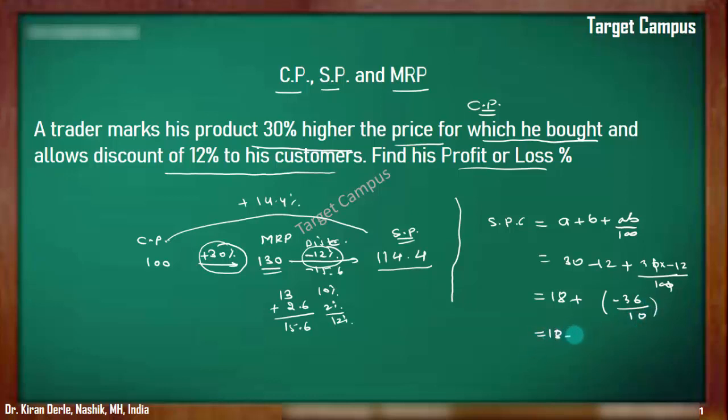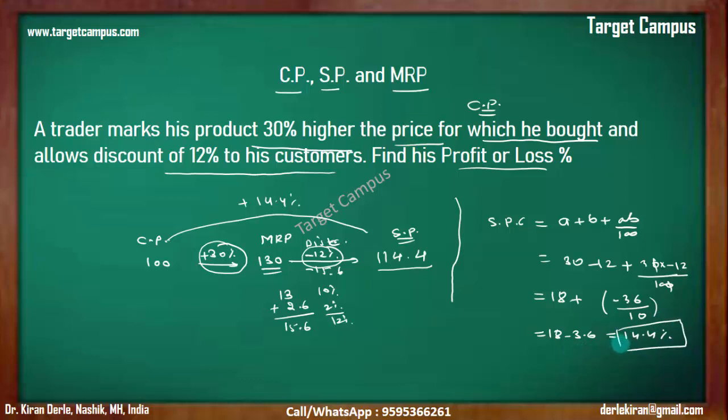So 18 minus 3.6 is equal to 14.4%. So the net profit would be 14.4%. I hope you are getting this point. So try to understand the working of MRP, selling price and cost price, along with discount and profit or loss percentage. Thank you so much.